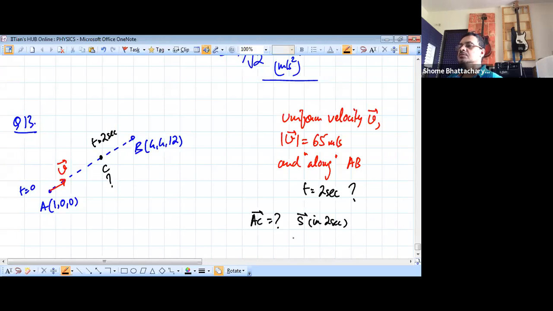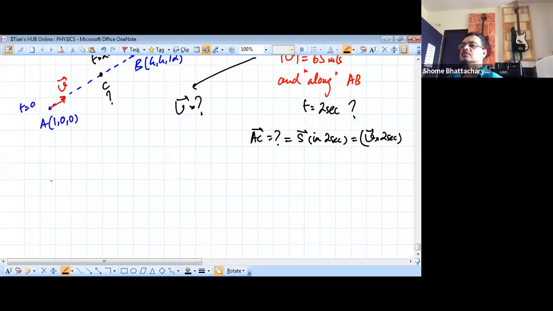Okay. So that is nothing but the AC vector will be equal to the displacement in 2 seconds. So that will be velocity multiplied by 2 seconds. So the main thing is we have to find out the velocity as a vector. What is the velocity as a vector? So for that you can see is the vector AB is how much?